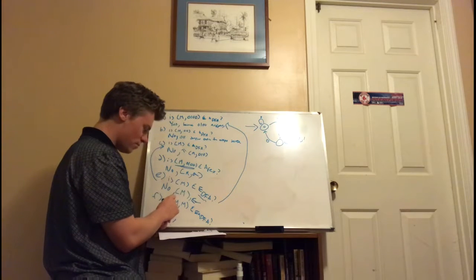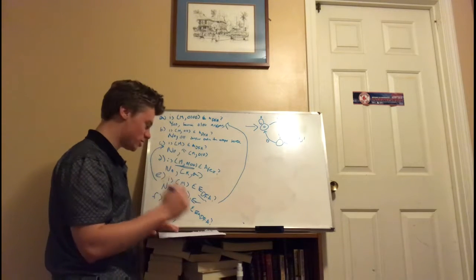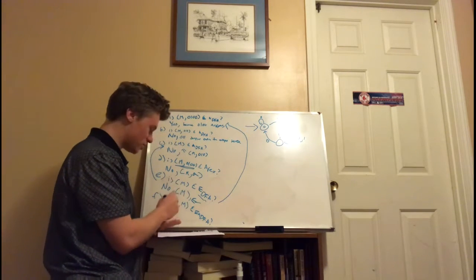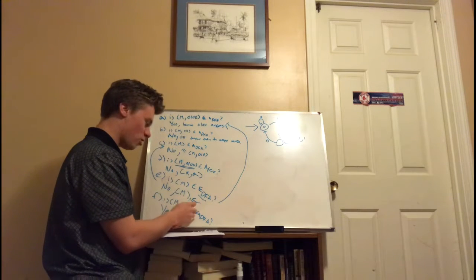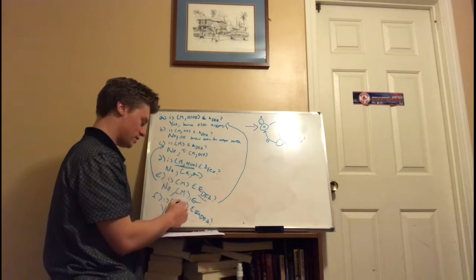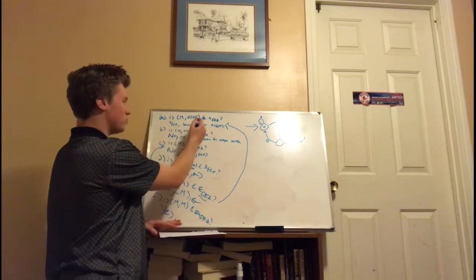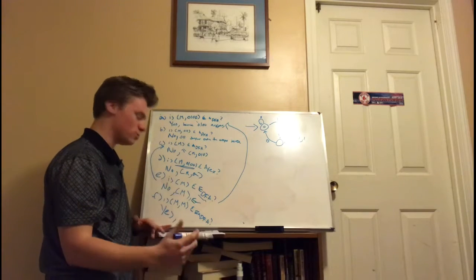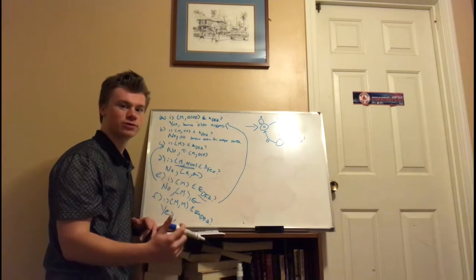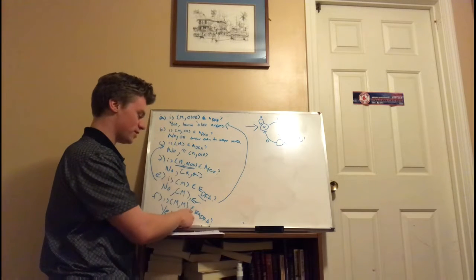So say this one's M1 and this one's M2. They both share the same language, so they are equivalent DFAs. That's like saying, is this equivalent with itself? And yes, it always is. The Turing machine is always equivalent with itself. So yes, they are equivalent DFAs.